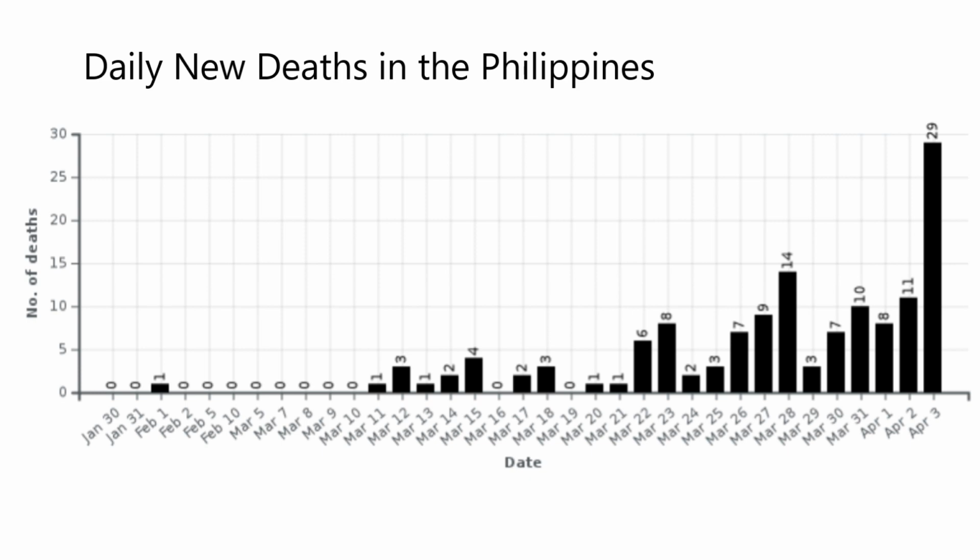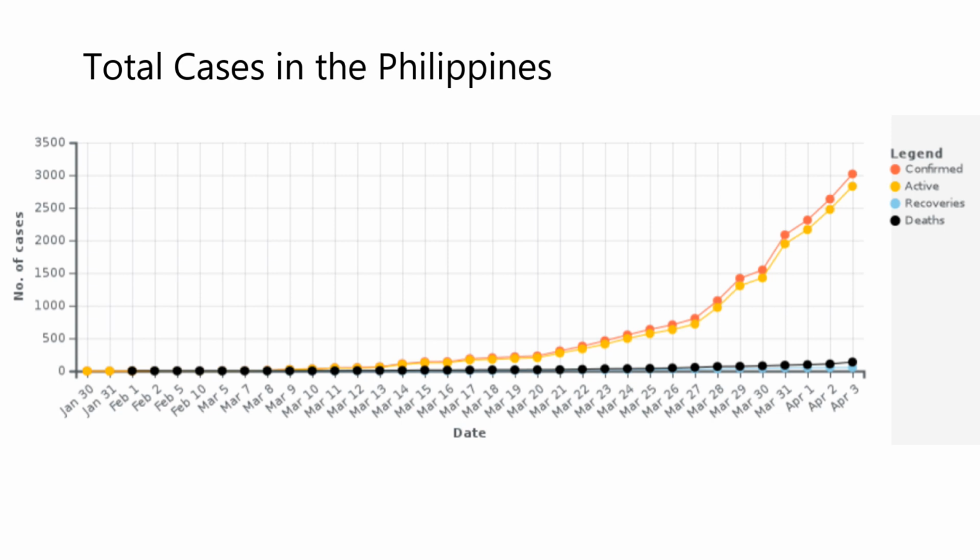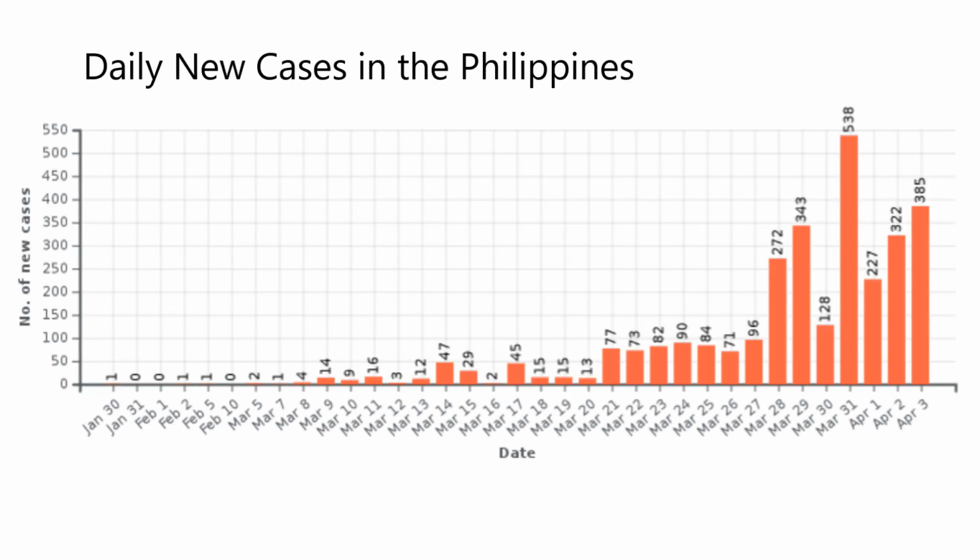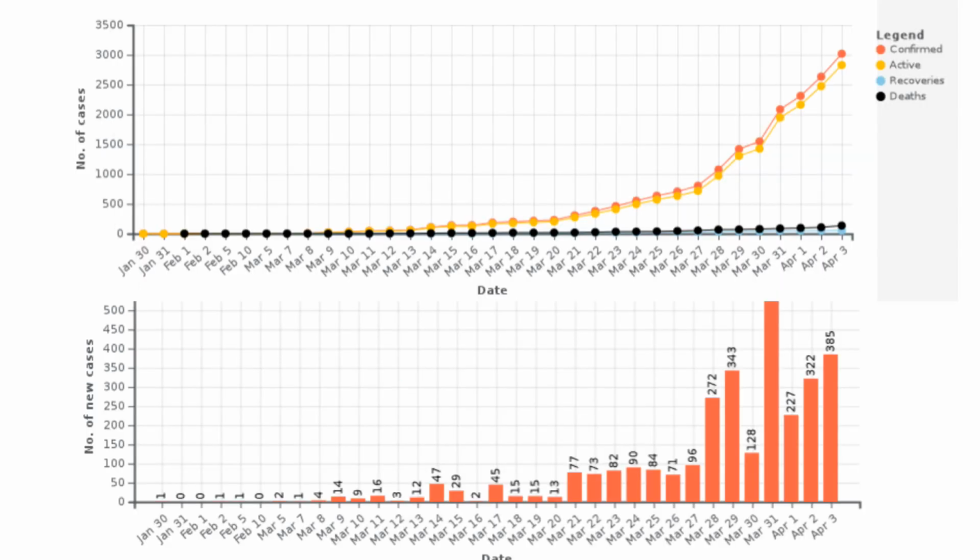So we'll revert to measuring the number of cases. In fact, we'll use the number of new cases so we can see the slope of the S-curve, and use that as a proxy or as a relative measure of how things are going.